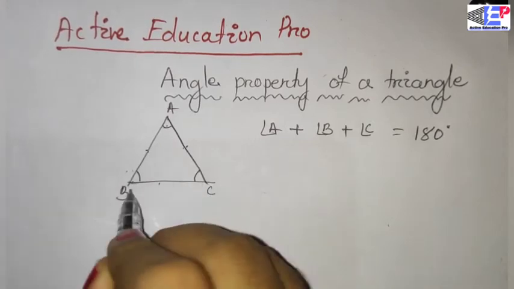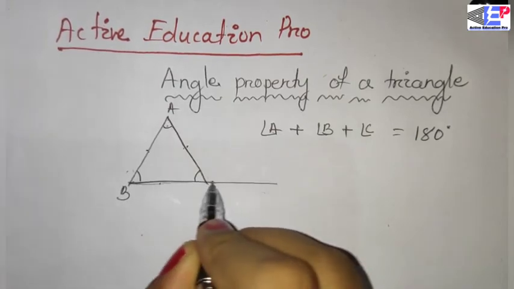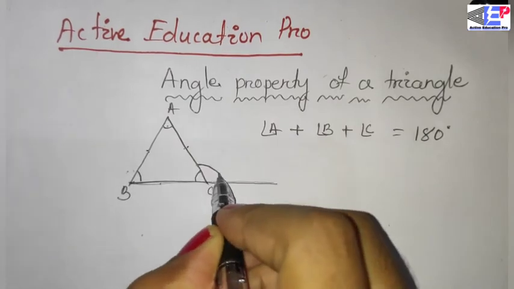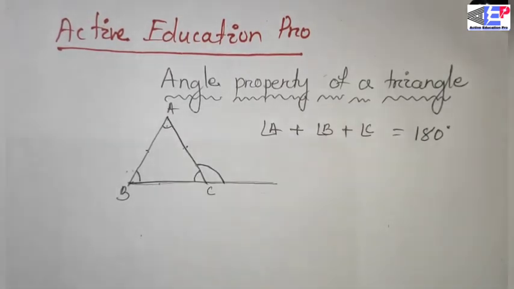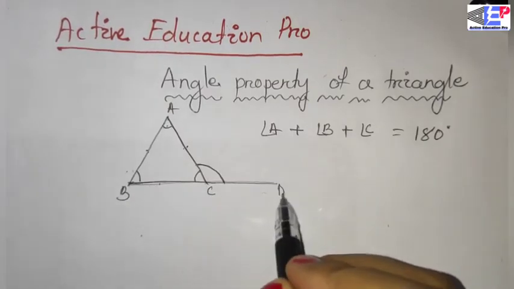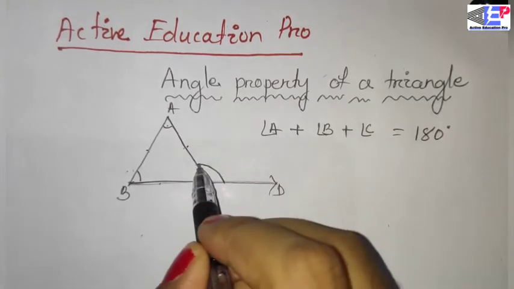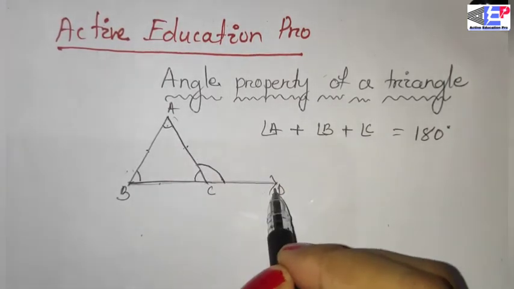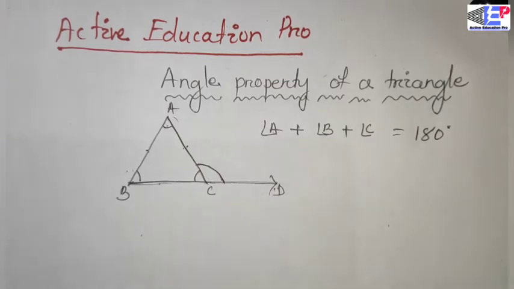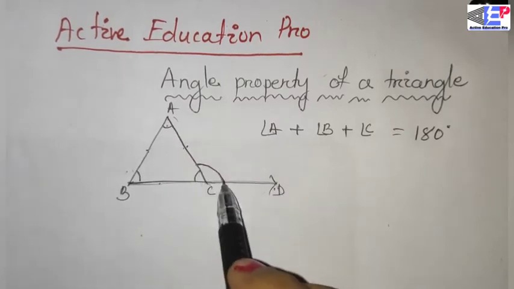If you extend the line BC towards D, then AC and CD make an angle. This ACD is an exterior angle of triangle ABC. Exterior angle means one extended side with another side makes an exterior angle.